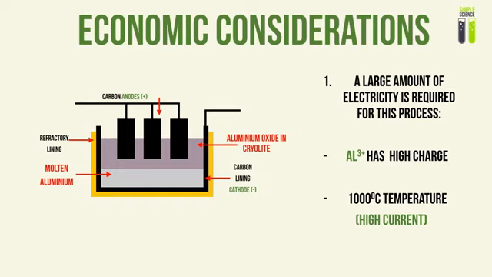So you will require a very, very high current to drive this process. A high current correlates, according to the I²R law, to a higher temperature. So you must have a very high current in your anode and cathode to generate this high operating temperature. Therefore, you will require a large amount of energy.